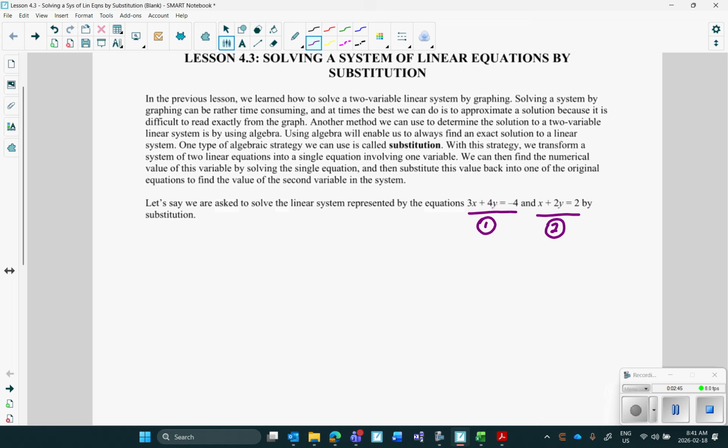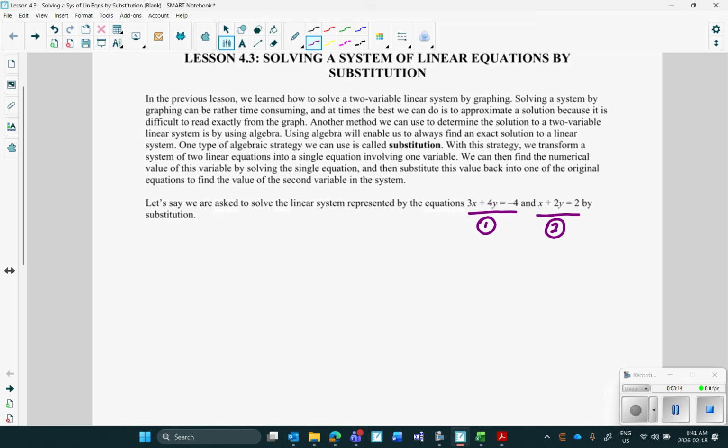Which equation, and which variable looks like it would be easiest to get by itself, x or y? Like, if I tried to get x by itself here, I'd have to move this over, then I'd have to divide everything by 3, right? That's a little complicated. Equation 2, getting what by itself?